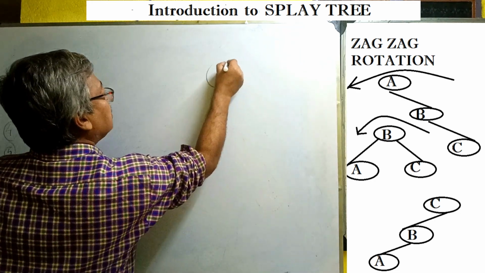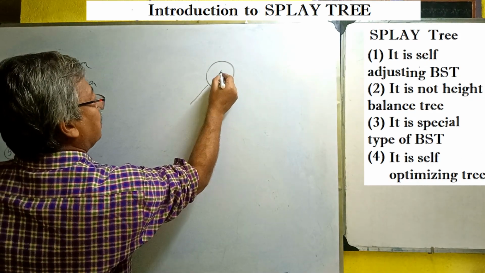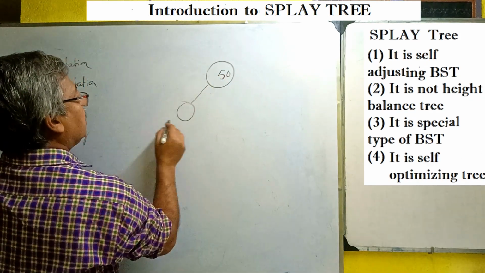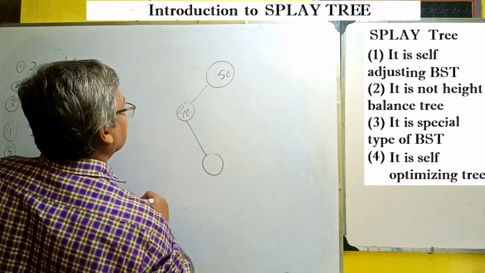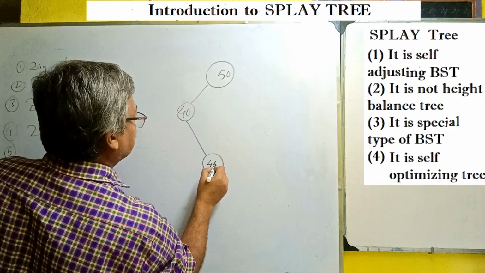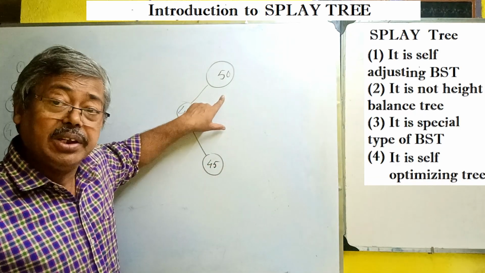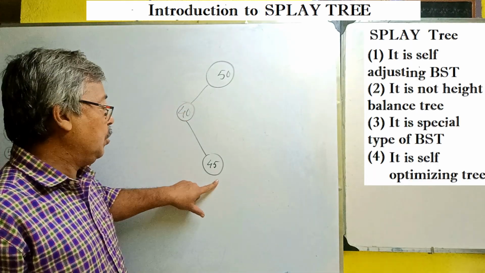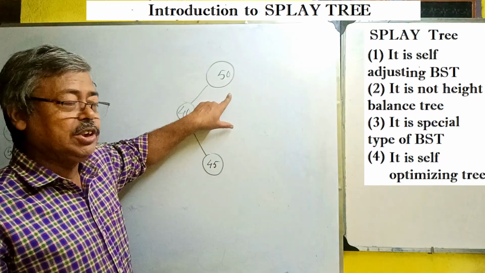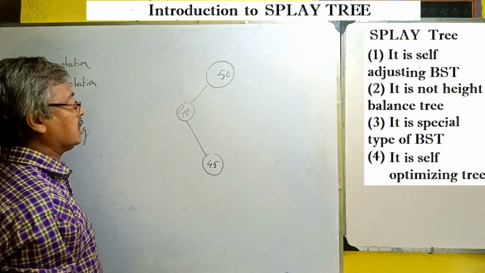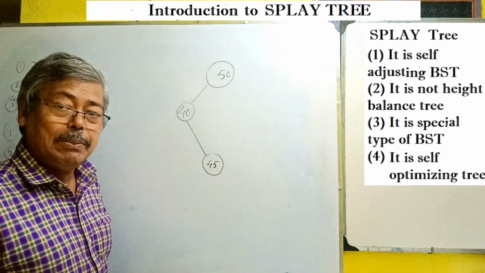Another operation. This is the root node, and this is the left child. Suppose the value is 50. The left child of 50 is, suppose, 40, and suppose this is another child of 40, that is 45, greater than 40 and less than 50. Now, if we want to search 45, then 45 will be placed at the position of 50. How? After rotation. How will the rotation be performed?